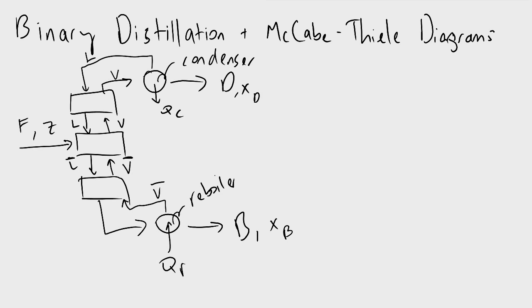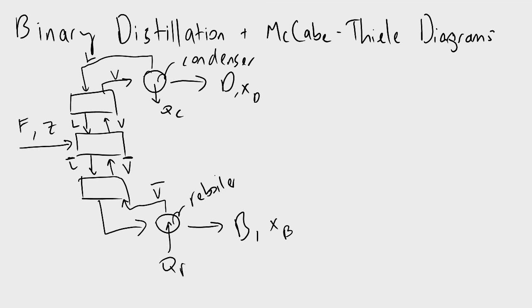So if we wanted to double the amount of solution that we could process, and we wanted to double the distillate molar flow rate as well as the bottom's molar flow rate, it's directly proportional to the amount of energy that we have to supply into and take out of our system. So we would also have to double QR, the energy that we're adding into our reboiler, as well as double the energy we take out at our condenser.